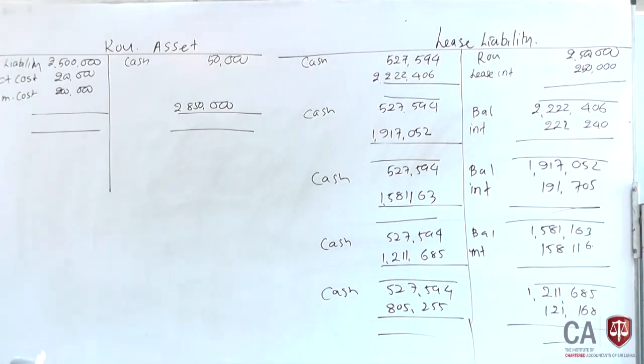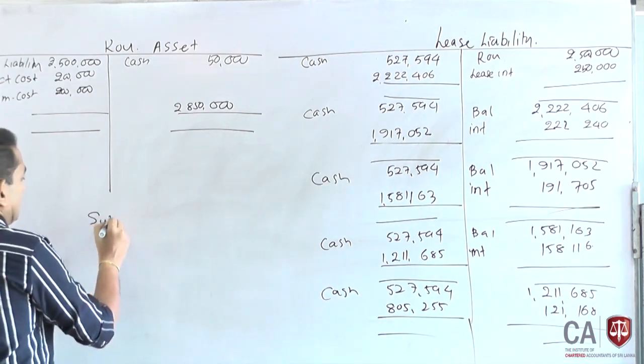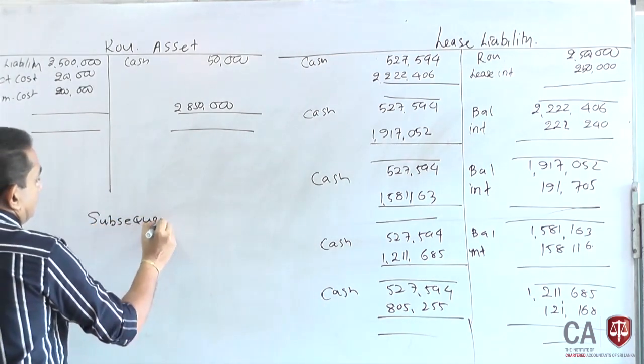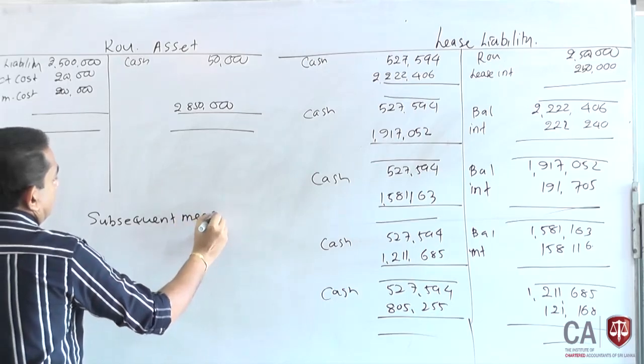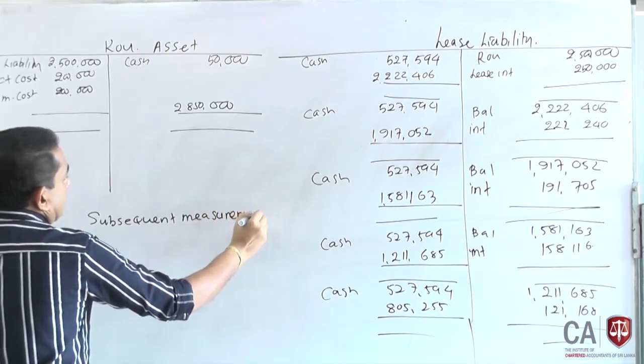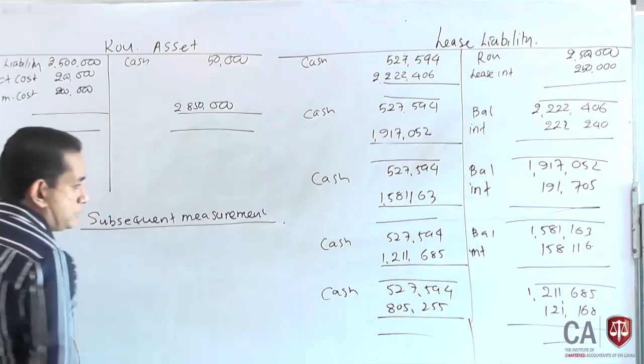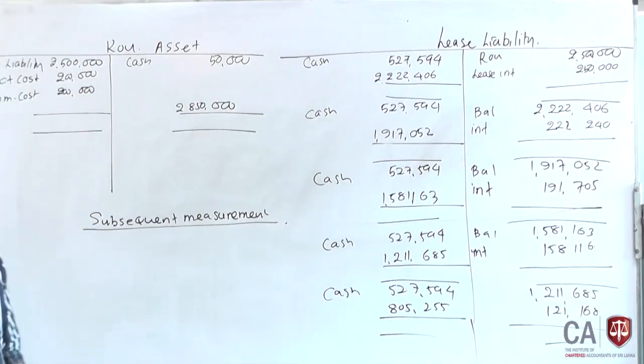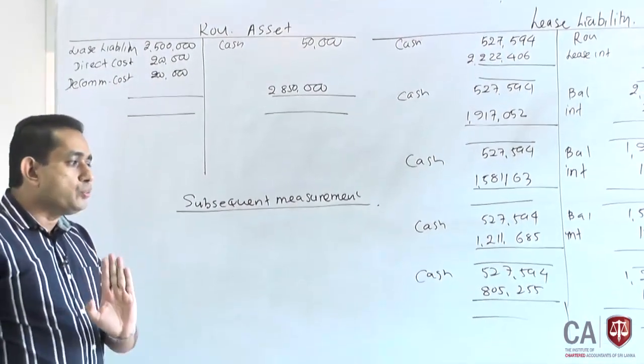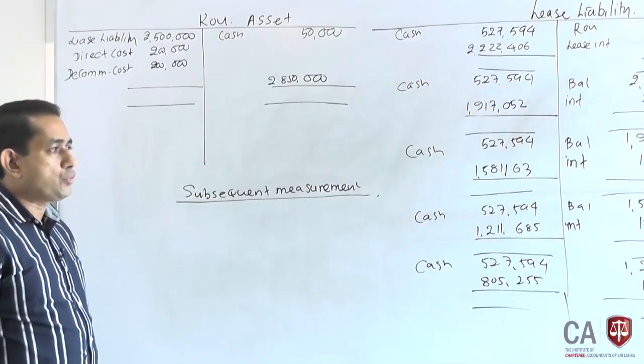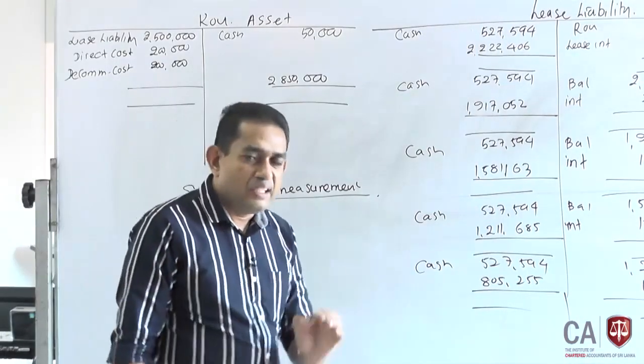How are we going to subsequently measure right of use asset? Subsequent measurement. SLFRS 16 proposes two methods for the subsequent measurement. So, what do you mean by subsequent measurement?